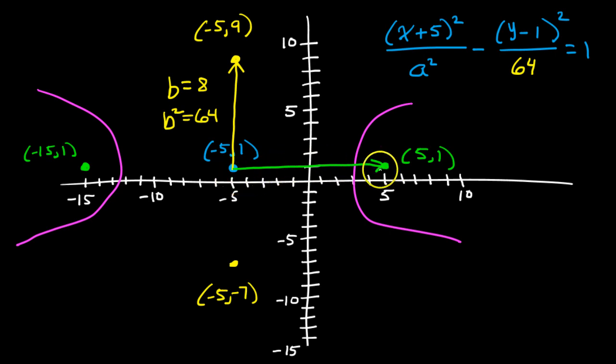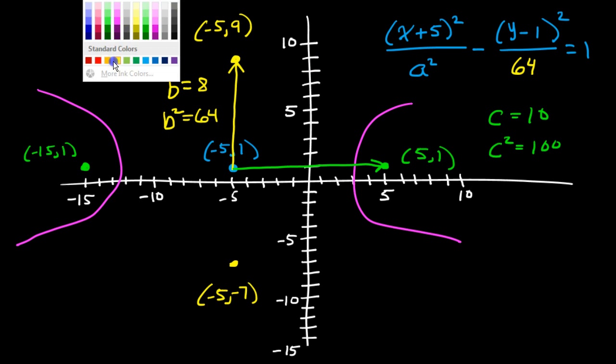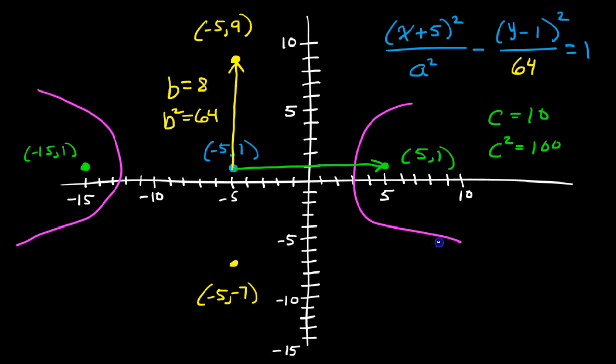That's a distance of 10. So that tells me that the c value is 10. So that means c squared is 100. I can use that to help me find a squared. When I'm dealing with hyperbolas, I know that c squared is equal to a squared plus b squared.